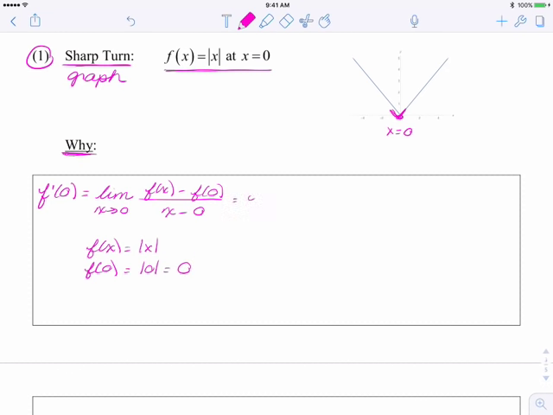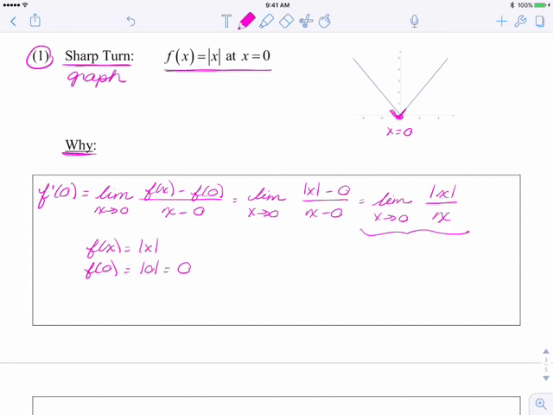So we end up getting the limit as x approaches 0 of the absolute value of x minus 0 over x minus 0, which gives us the limit as x approaches 0 of the absolute value of x over x. So this is the limit that we have to evaluate to determine if this function is differentiable at 0. There's just one small problem, okay?